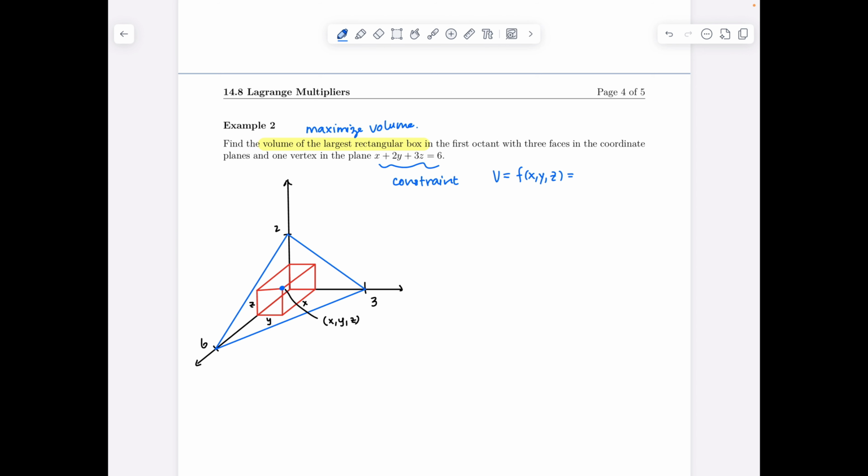The equation for it is just length times width times height of the box, which is x, y, and z, determined by whatever coordinate is lying in our plane. And then we have our constraining equation, g of x, y, z, which is equal to x plus 2y plus 3z.